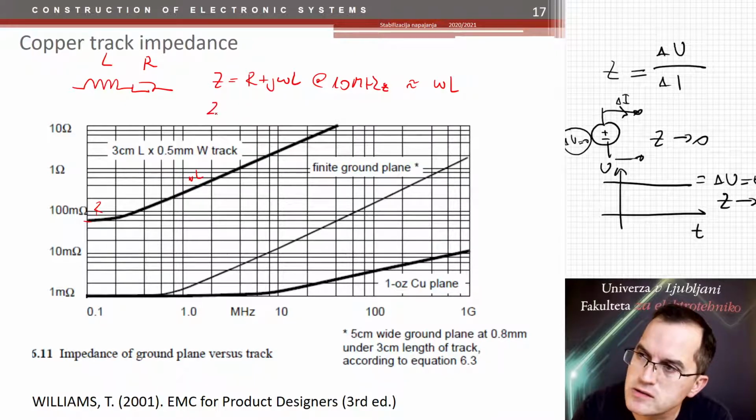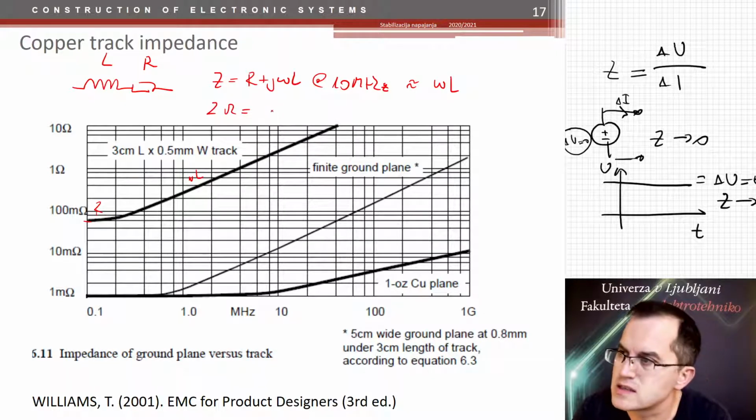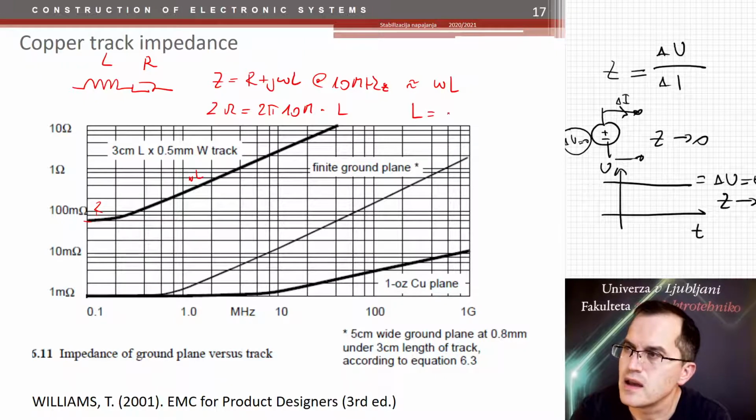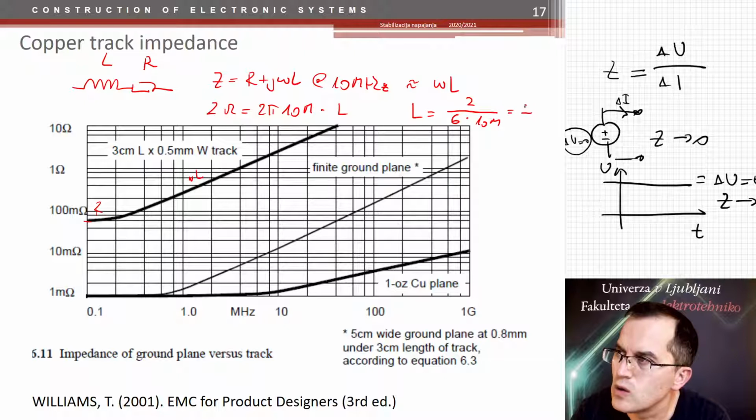So if it is around 2 ohms and omega is 2 pi times 10 megahertz times L, then L can be easily calculated. L would be in the range of 2 over 6 times 10 mega, so it's 1/30 of a microhenry.